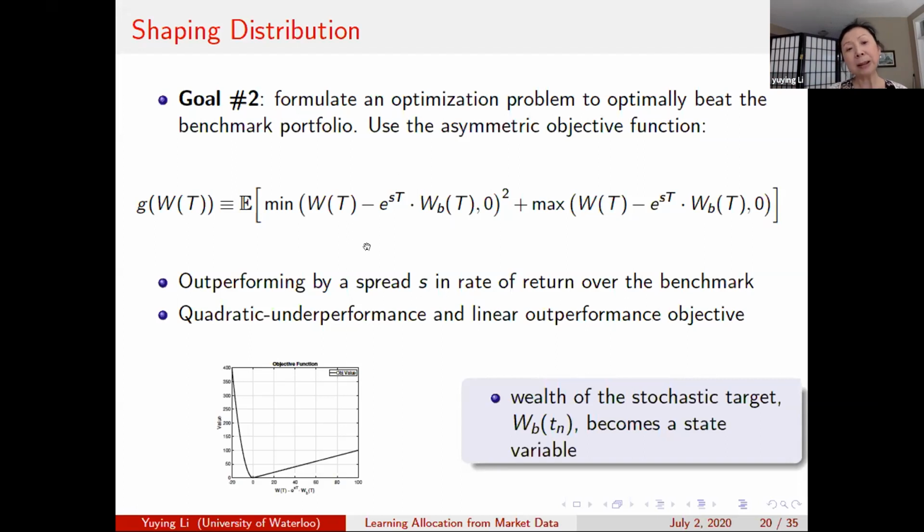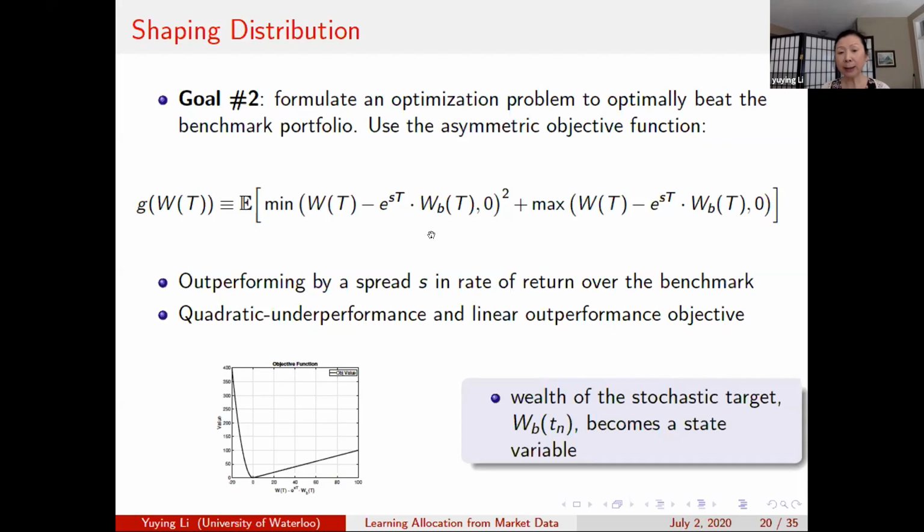Shaping your distribution using an objective function is a hard problem by itself. But what we did is basically say we dislike the risk more than we like the outperformance, and we end up with the stochastic benchmark outperformance objective.